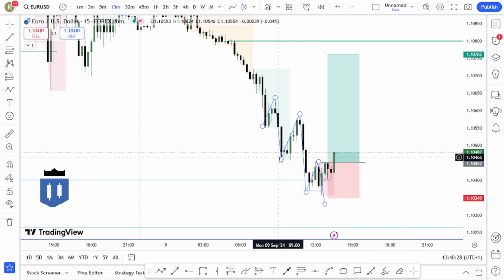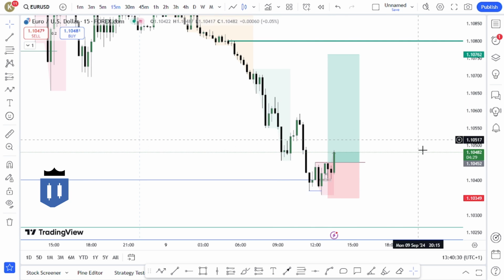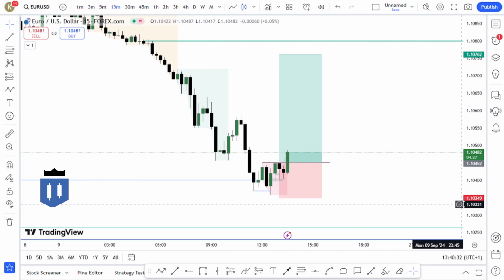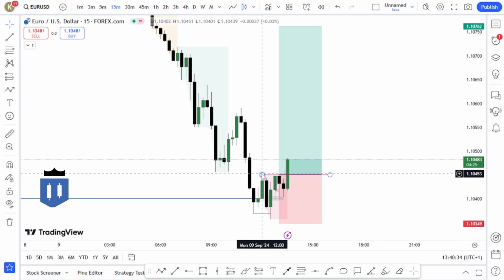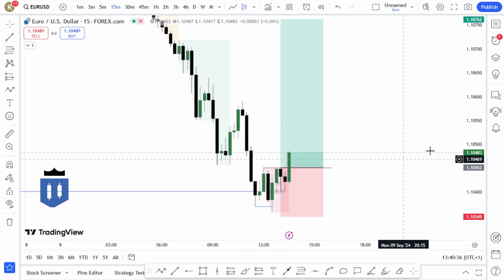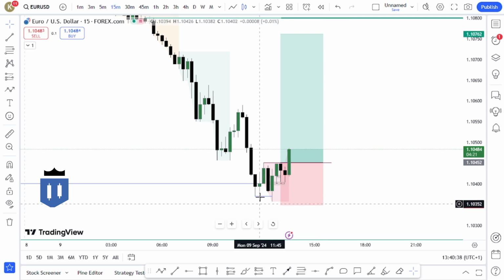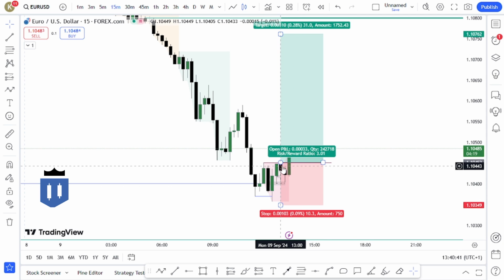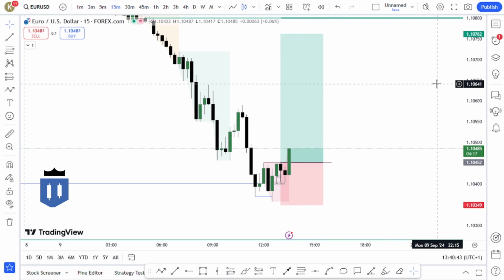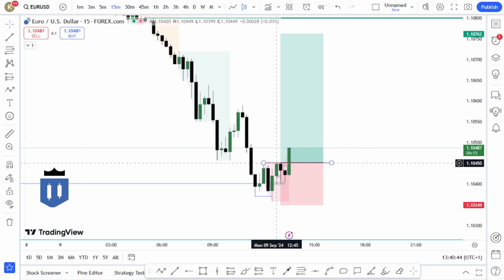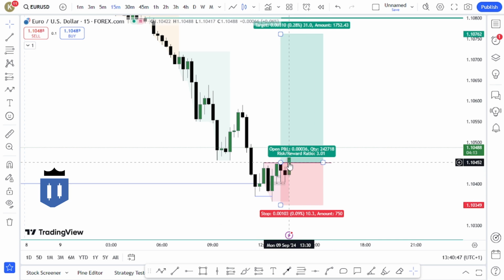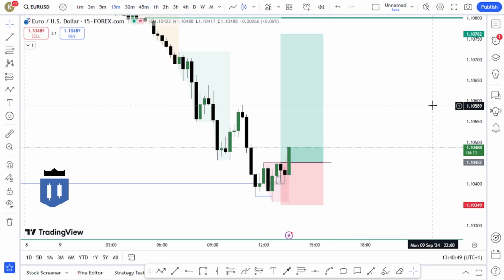Now I set my buy stop order. A buy stop order is a pending order that you set above the previous high or at a particular point in the market, whereby if the market hits it, a trade order will activate. Like now I set a buy stop here. If price hits it, my buy order is now active.